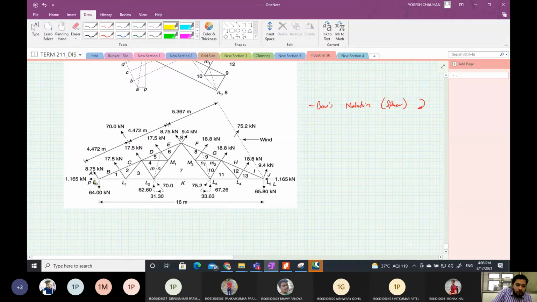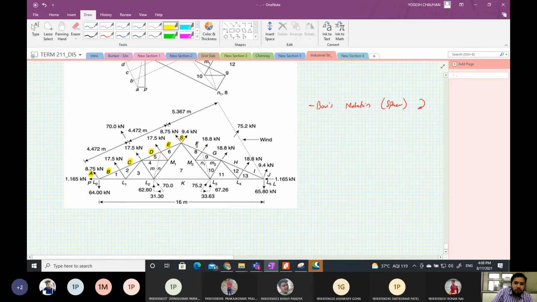So we will have one additional space. Let us start from this. Between these two load vectors there is A, B, C, D, E. Now here also one additional space is created. So that is S.